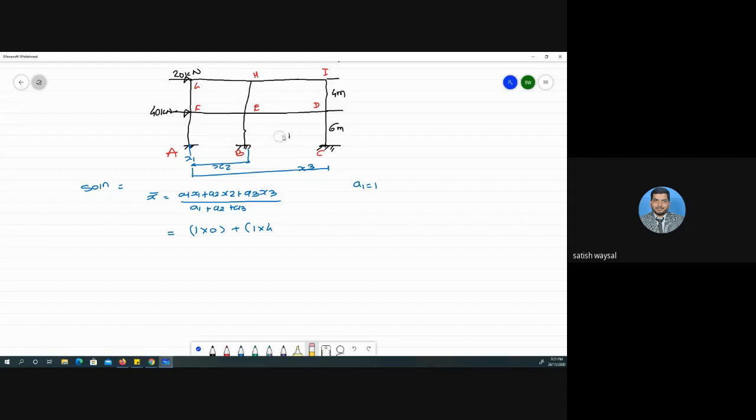Change this distance: this is not 4 and 6, it is actually 6 and 8, 6 meter and 8 meter. We can take different values, but we have to tally the answers, so for that purpose I have taken these distances.